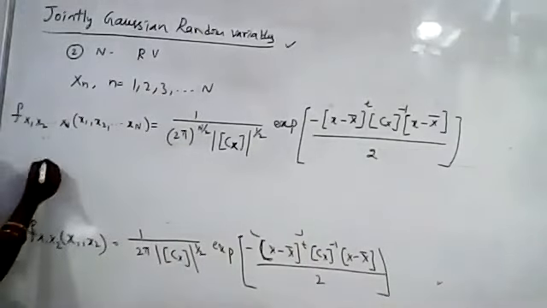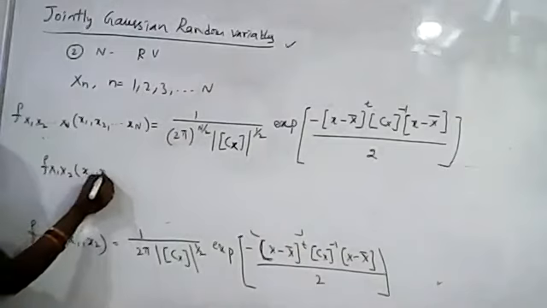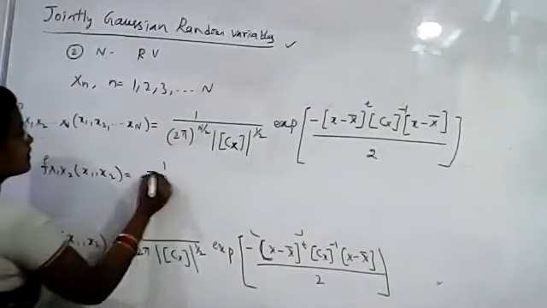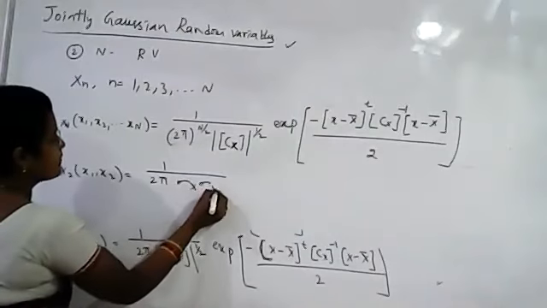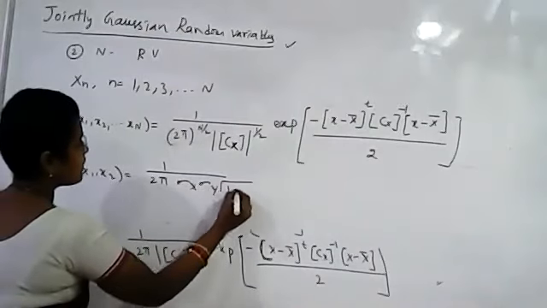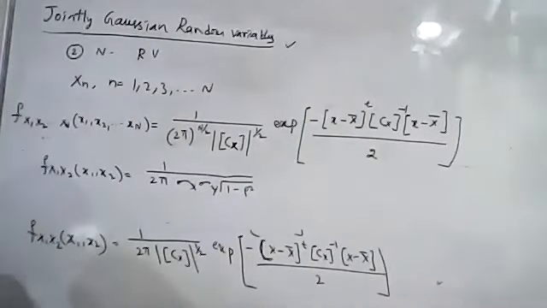It is 1 by 2 pi sigma x sigma y root of 1 minus rho square. This is the formula we have discussed now. The same formula we get here.